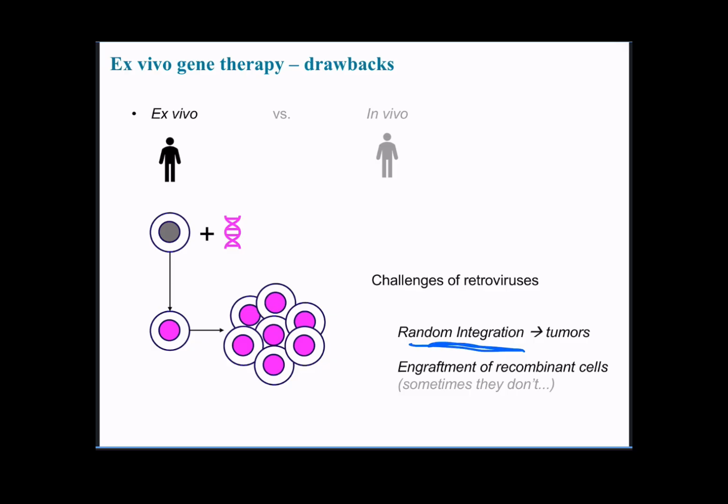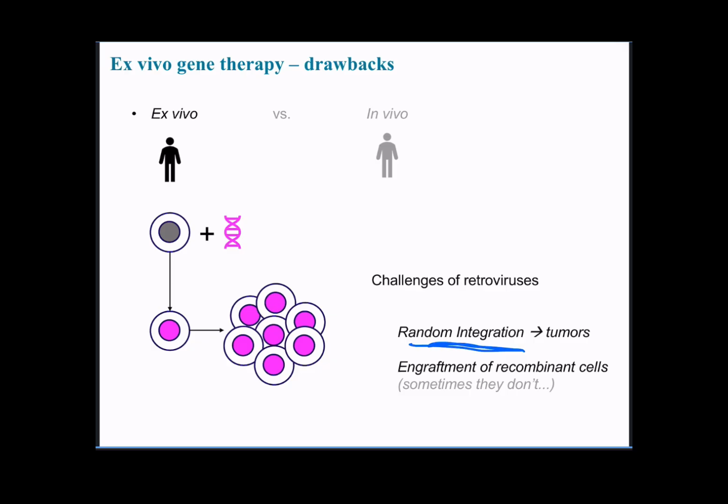The context in a lab is different from the context inside of the patient. So there's always an element of risk with these therapies that once you reintroduce these cells into the patient, there may be some unpredictable later events that could lead to the formation of tumors.